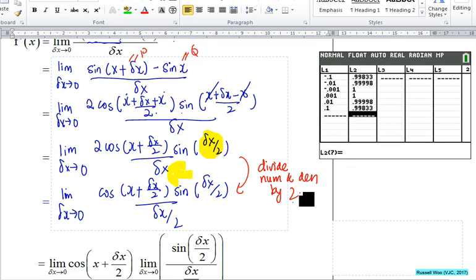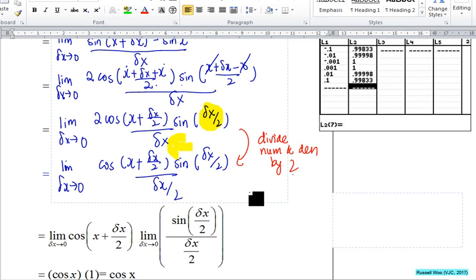Okay, the tricky part is this. From this line to the next line, I'm splitting up the limit. Actually, you have 2 different functions. You have this function and that function. Now, I can find the limit separately.